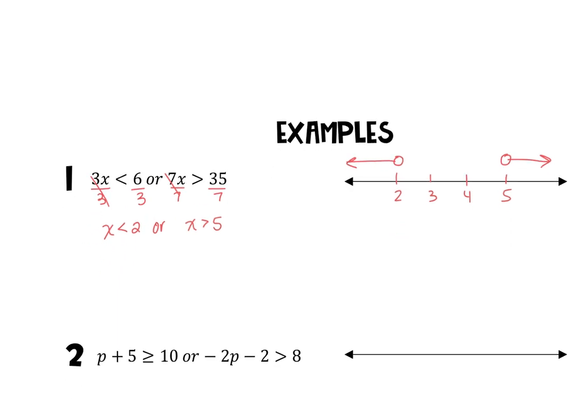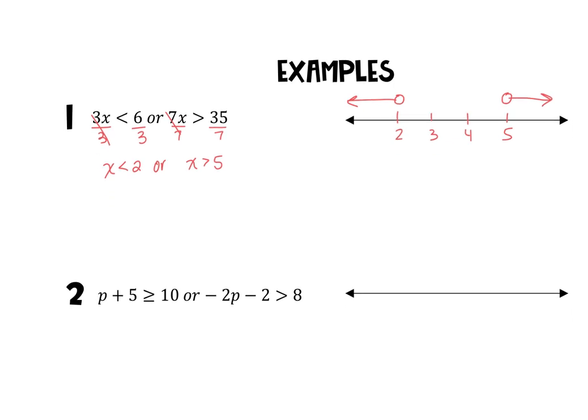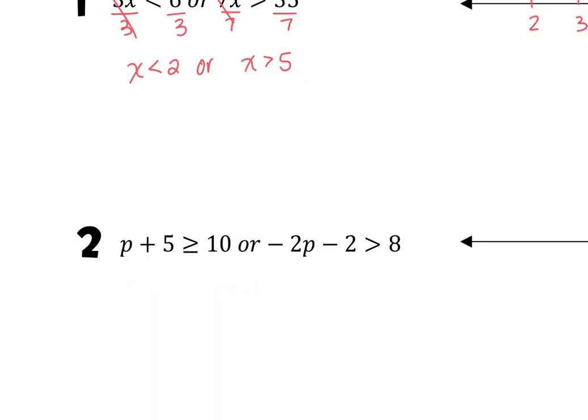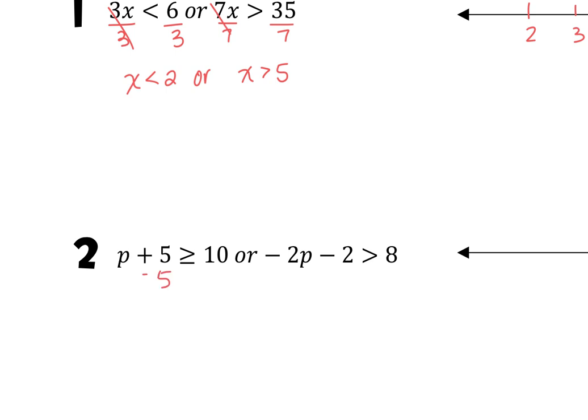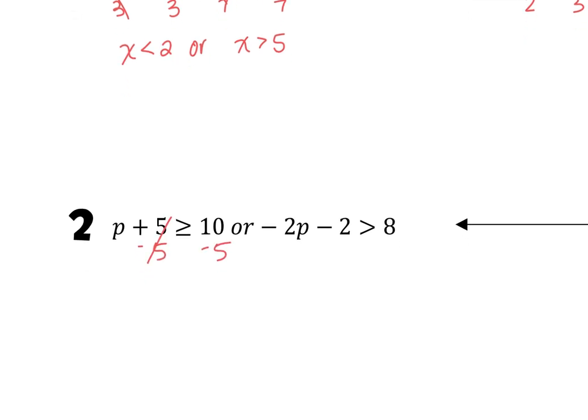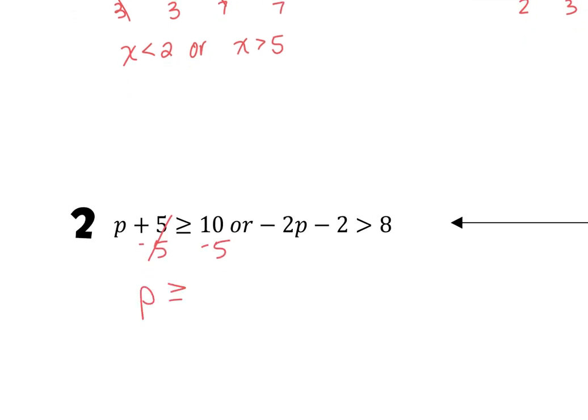All right, we're going to do one more. So number 2, I've got p plus 5 is greater than or equal to 10, or -2p minus 2 is greater than 8. So again, just solve each individual inequality. So for the first one, all I need to do is subtract the 5 so that I have p is greater than or equal to 5.